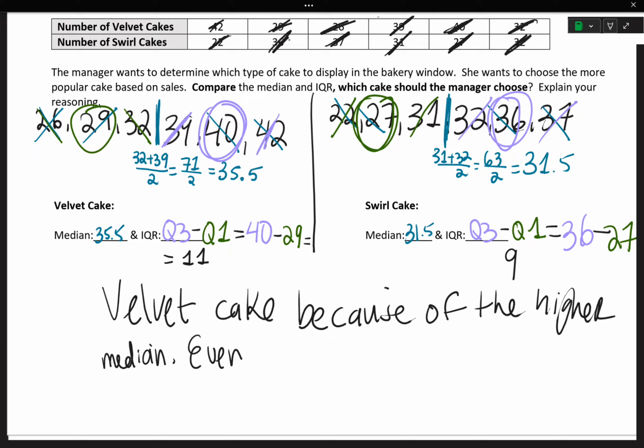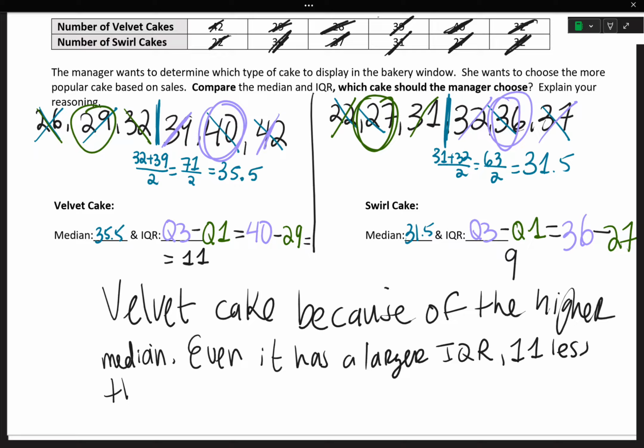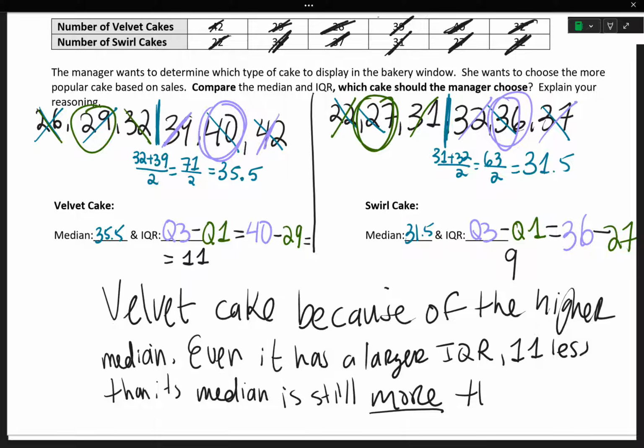Even though it has a larger IQR, 11 less than its median is still more than the swirl.